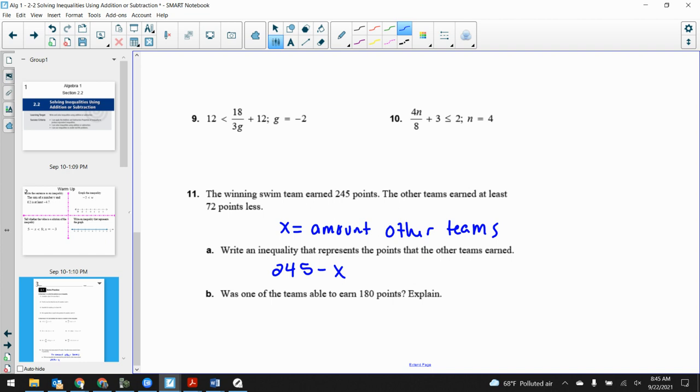The difference between those two teams is at least 72 points. So the difference could be greater than or equal to 72 points. That's how I thought about it.